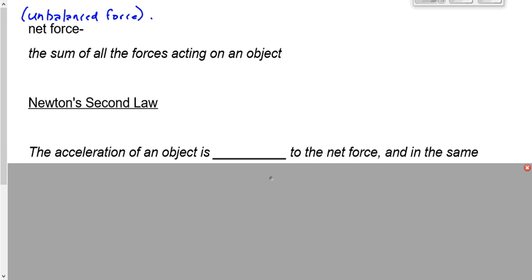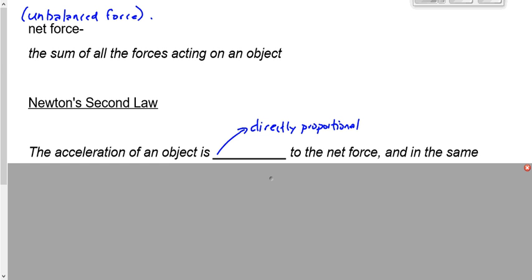It says the acceleration of an object is directly proportional to the net force, and in the same direction. That means that as the net force doubles, the acceleration doubles. As the net force goes up by a factor of 7, the acceleration goes up by a factor of 7.